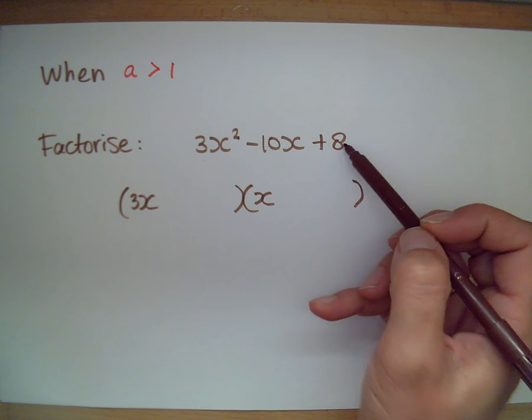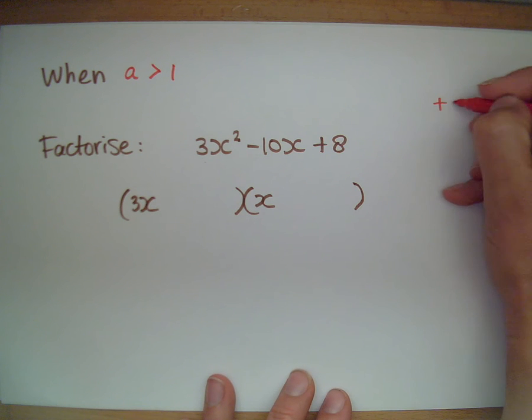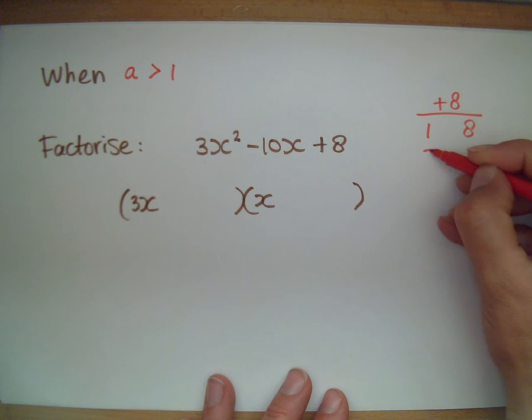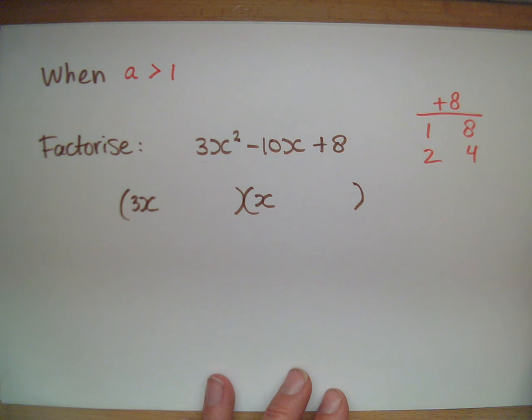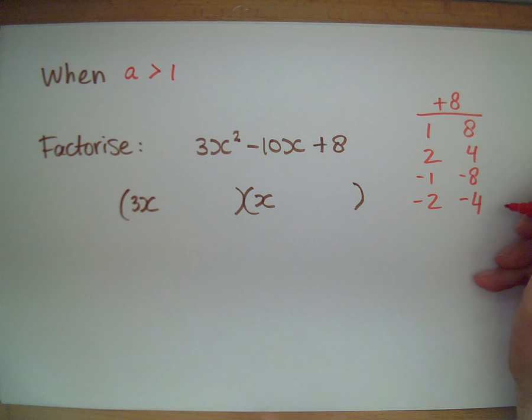Now we're going to do what we always do. Find the factors of plus 8. We could have gotten 8 by multiplying 1 and 8, or 2 and 4, or negative 1, negative 8, or negative 2 and negative 4.